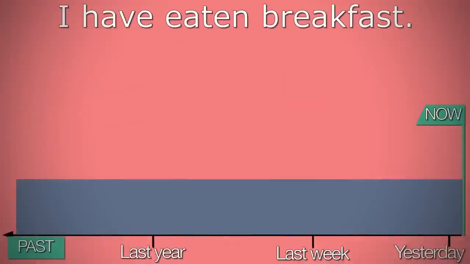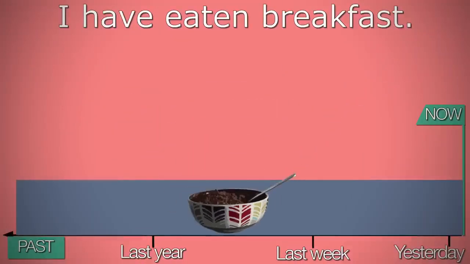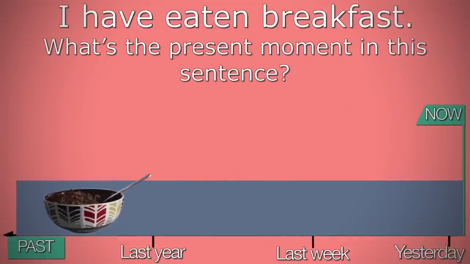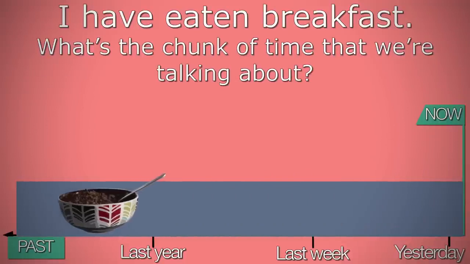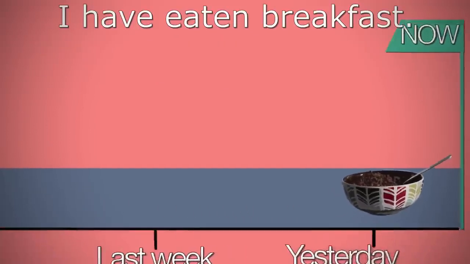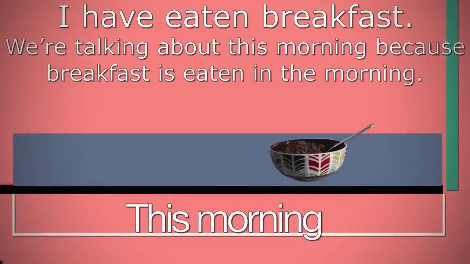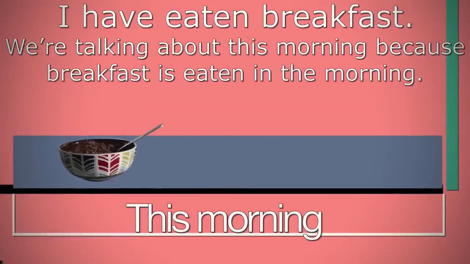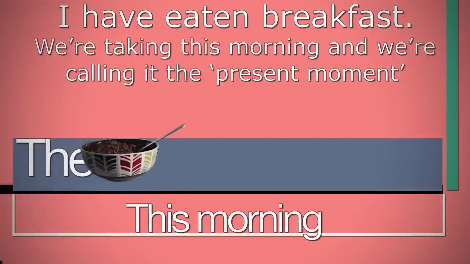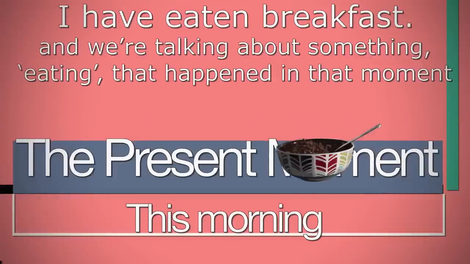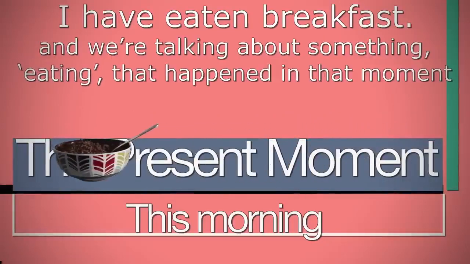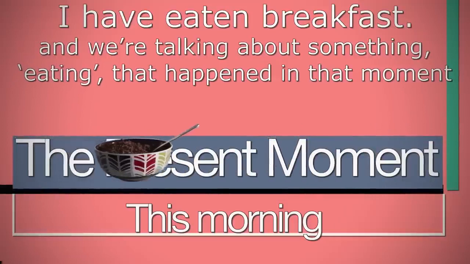I have eaten breakfast. Okay, so what's the present moment in this sentence? What's the chunk of time that we're talking about? Well, we're talking about this morning, because breakfast is eaten in the morning. So we're taking this morning and we're calling that the present moment, and we're talking about something, eating, that happened in that moment.